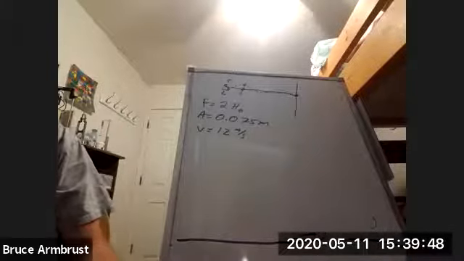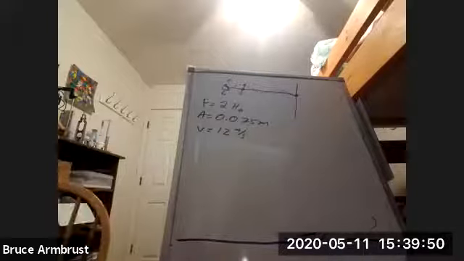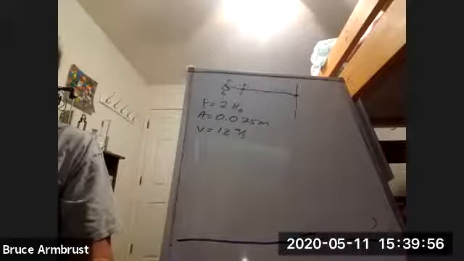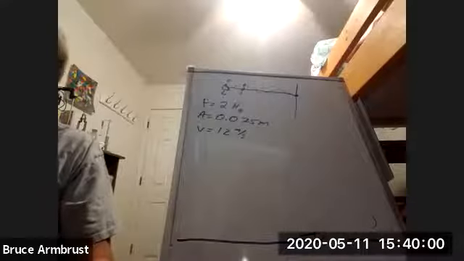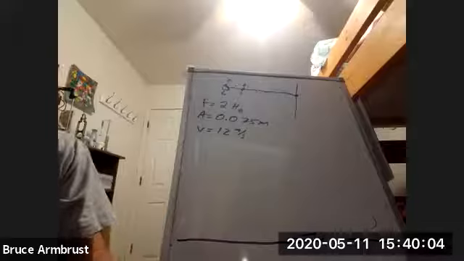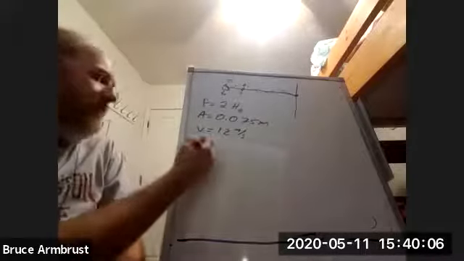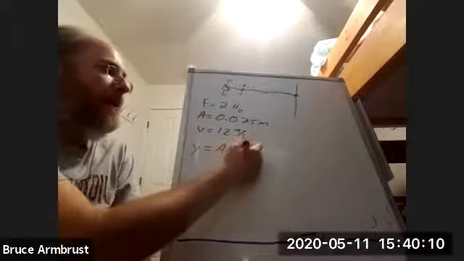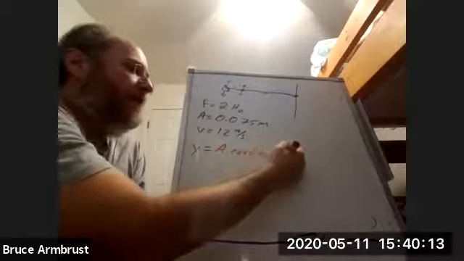Okay, so let's see if we can calculate wave number, angular frequency, all that good stuff, and then also get an equation for this wave. So this is our ultimate goal: I want to write this as y equals A cosine of kx minus omega t.